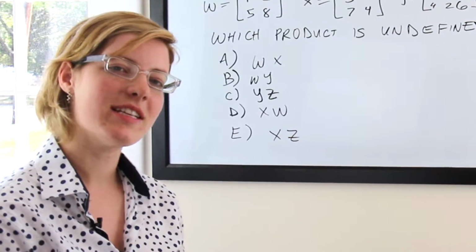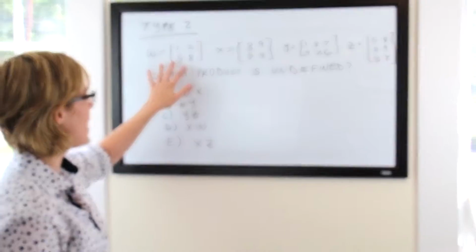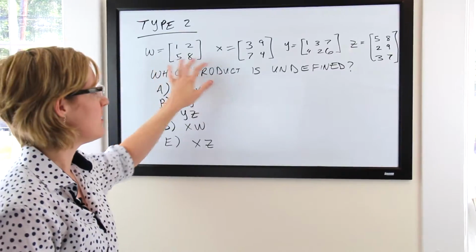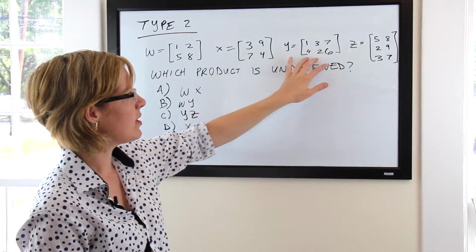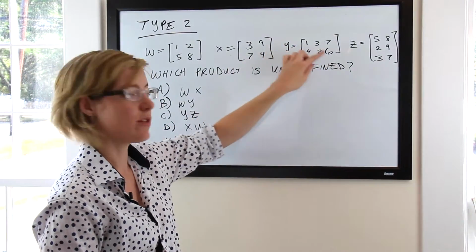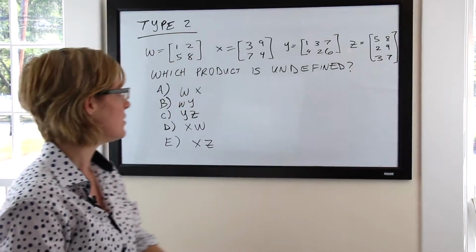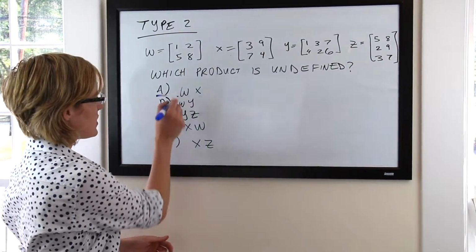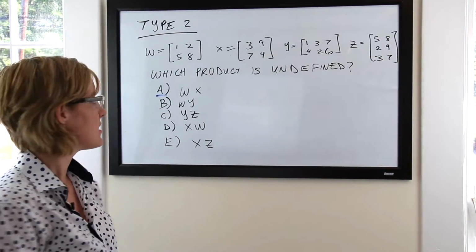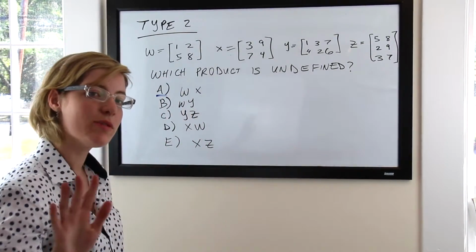Alright, so let's look at these answer choices here. First of all, we have a 2 by 2 matrix here. We have another one here. We have this one with 2 rows and 3 columns. And we have one with 3 rows and 2 columns. So first answer choice, WX. We're not even going to do these multiplications.